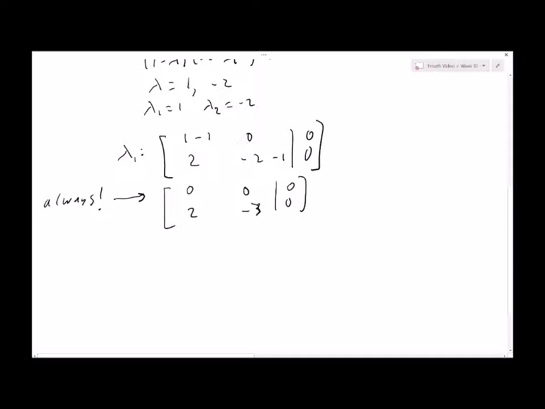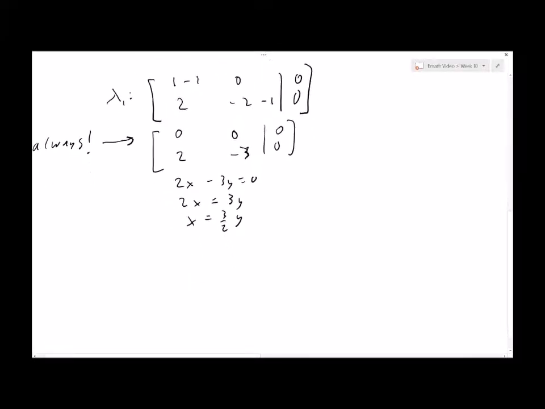So now we can start solving. We're left with 2x minus 3y equals 0, or 2x equals 3y, or x equals 3/2 y. Since we only have one equation and two unknowns, we're going to have infinitely many solutions, so all you need to do is pick one that's not trivial. You can't have 0, 0 as your eigenvector.